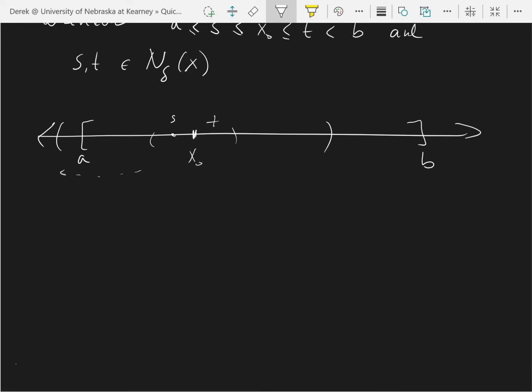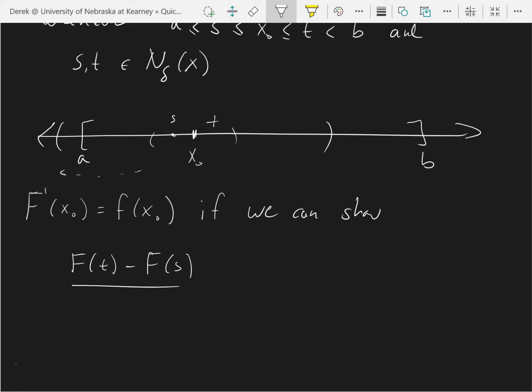Then we want to show differentiation, and we have a candidate for what the derivative should be. So f prime at x naught is equal to f at x naught if we can show that f of t minus f of s over t minus s, minus f at x naught, gets small, goes to 0, right?